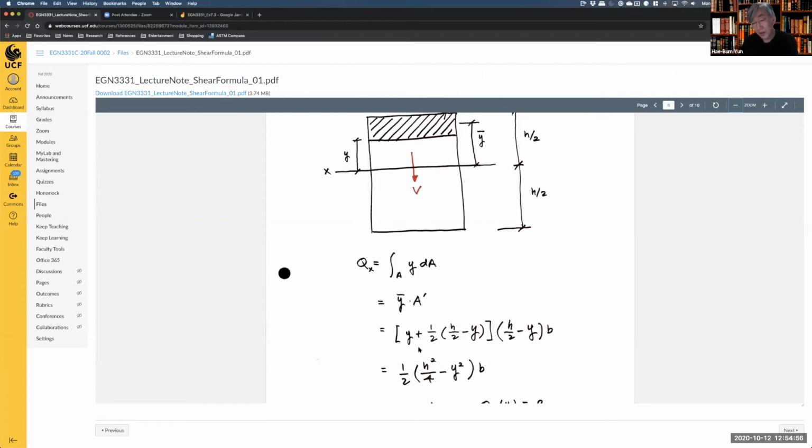The middle. Whenever y is non-zero, this is a square term that is subtracted, so Q decreases. So the maximum Q will be when y is 0, which is at the middle. To summarize, your shear stress is 0 at the top and bottom of the beam, and maximum at the neutral axis.